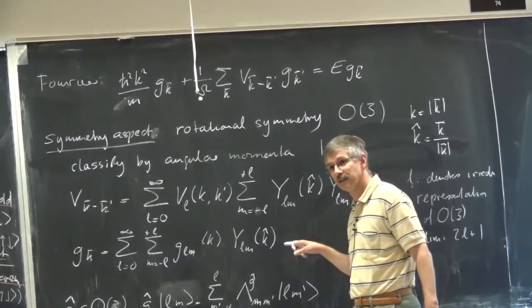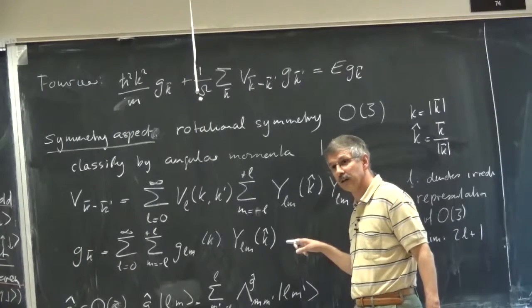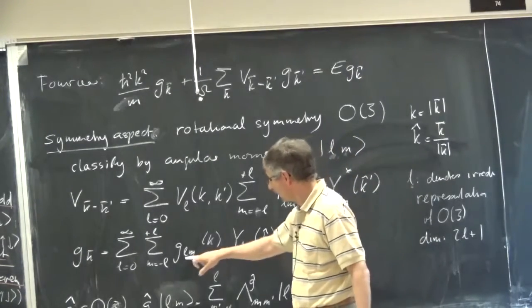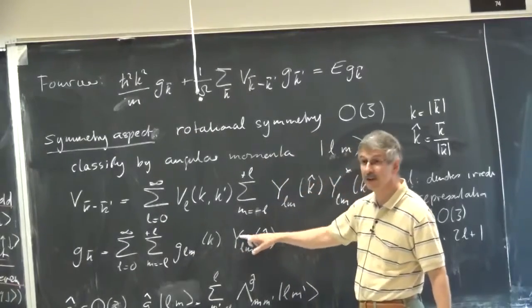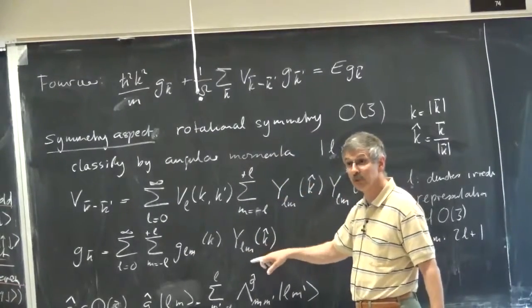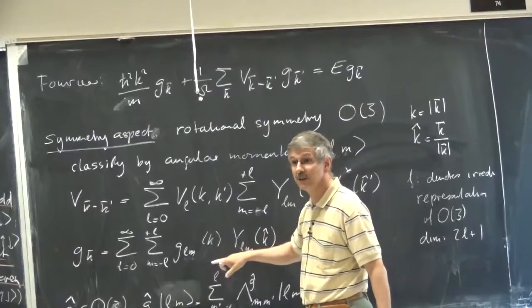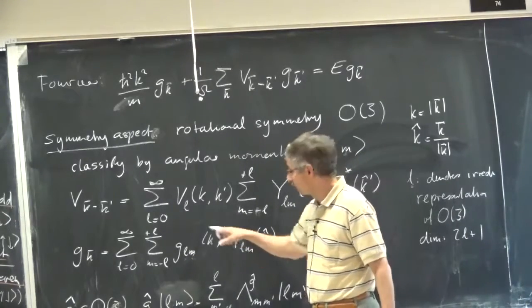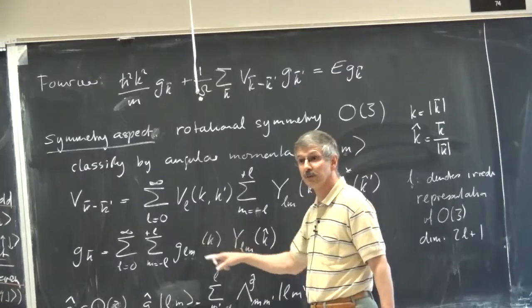But why does the G_Lm depend on m, if all angular dependence is in Y? No, but I expand here in Y_Lm, so I have here also both indices. The different m's may have different coefficients here, or different wave functions here.